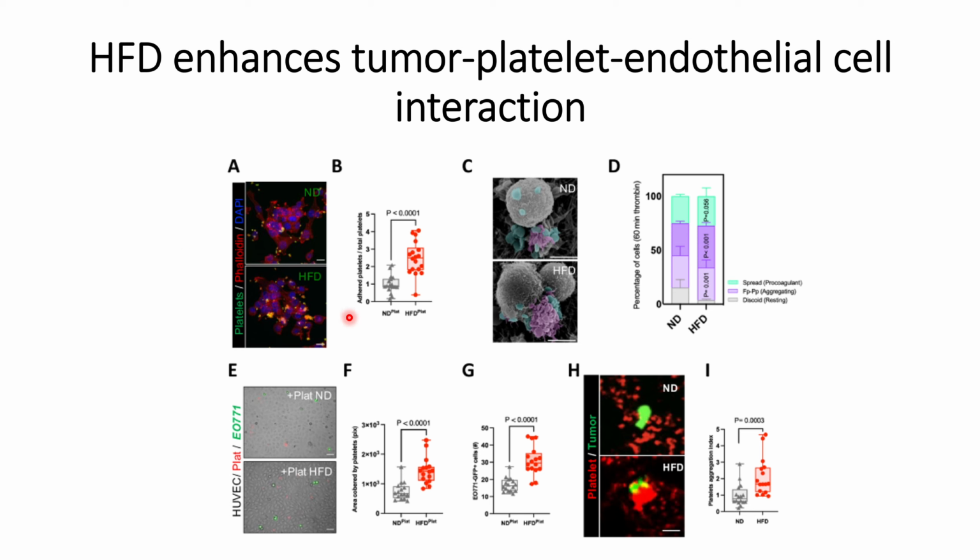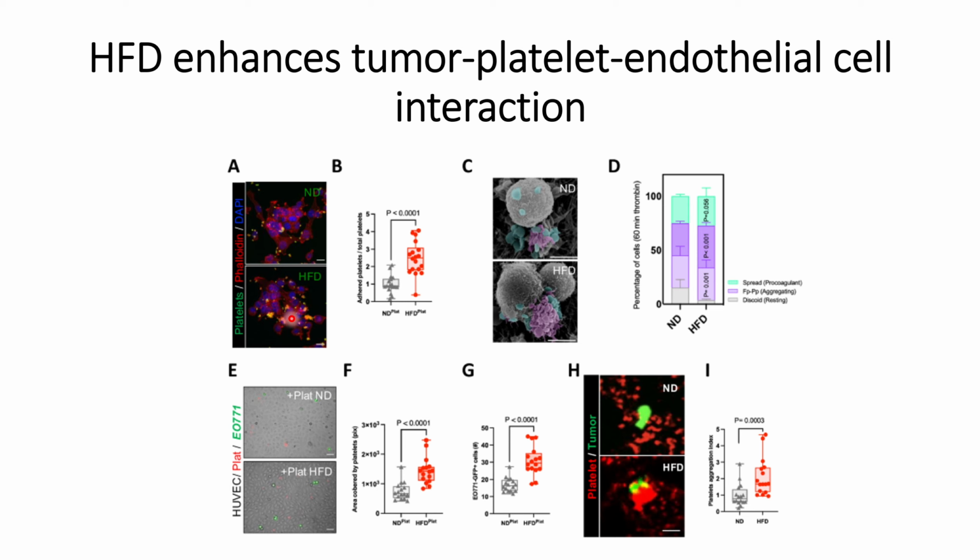And first we observe whether platelets adhere to the tumor cells or not. Here is the immunostaining image in panel A, where we can see that the platelets adhere to the tumor cells.